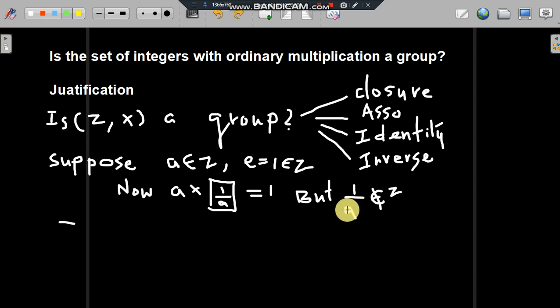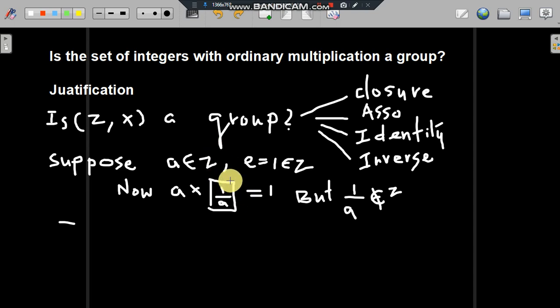1 by A is not in Z, because in Z we have only the numbers 0, 1, 2, 3, 4, or minus 1, minus 2, minus 3, and fractional numbers will not come in the set of integers.